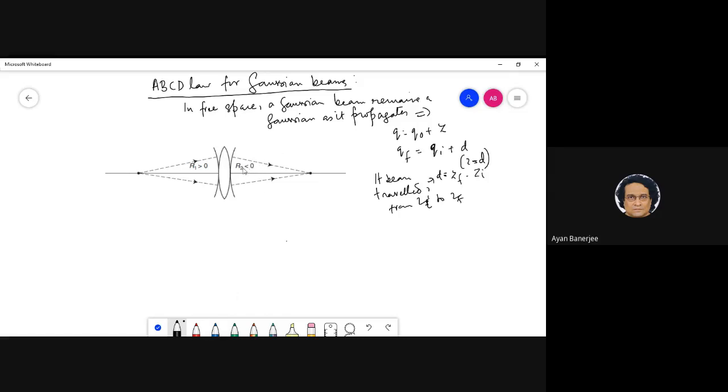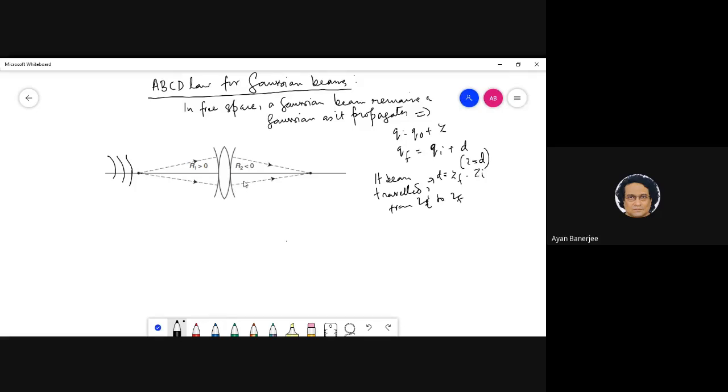Anyway, this is what is interesting. You can directly see that there is a beam coming like this, it goes here, and from here it continues. What we are saying is that the lens does essentially two things to the beam after it passes through.